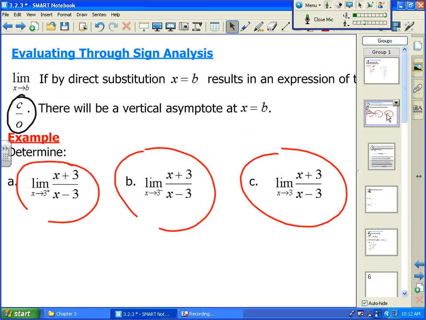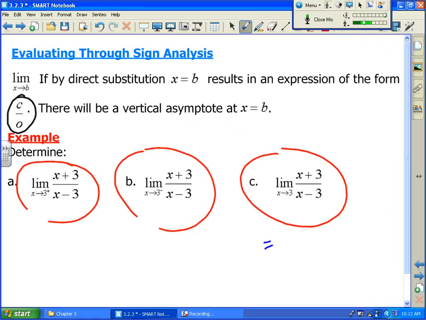If I go back to the third question, what would we say for C is going to be our value? Does not exist. Good. That does not exist because our left-hand limit doesn't equal our right-hand limit. I think that is something that is clear from yesterday's assignment.